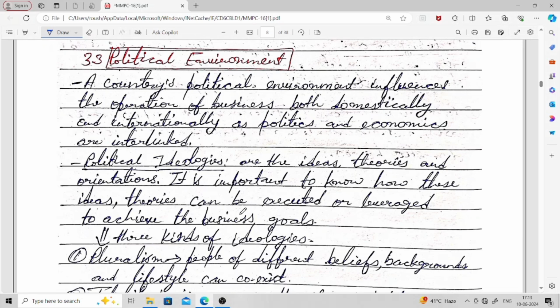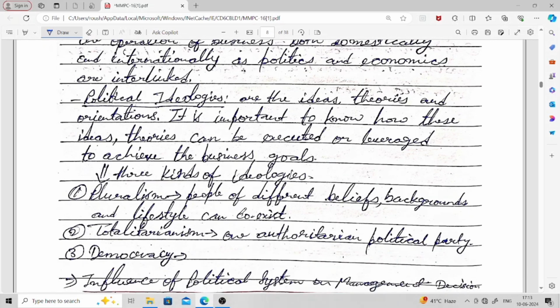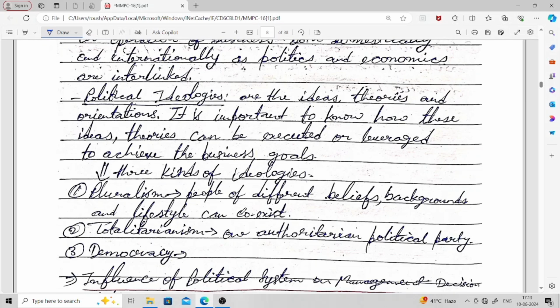So we need to understand these terms, because according to this we will be able to understand how a political system can affect the economic system. Clear?